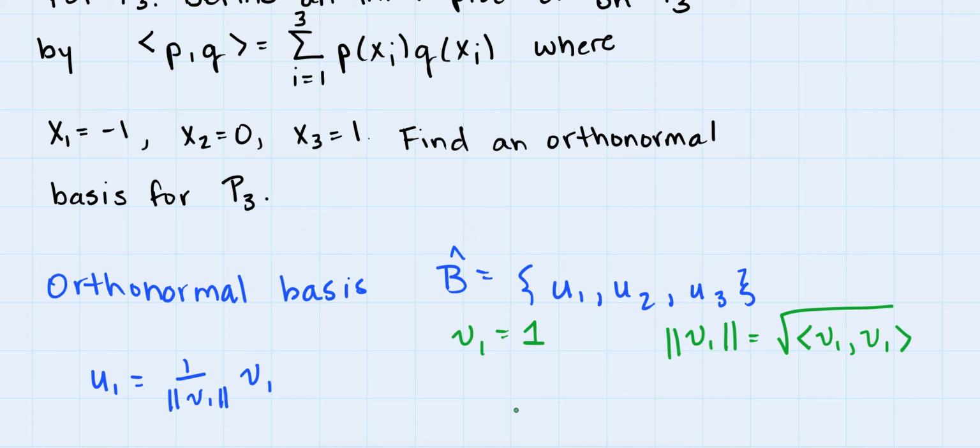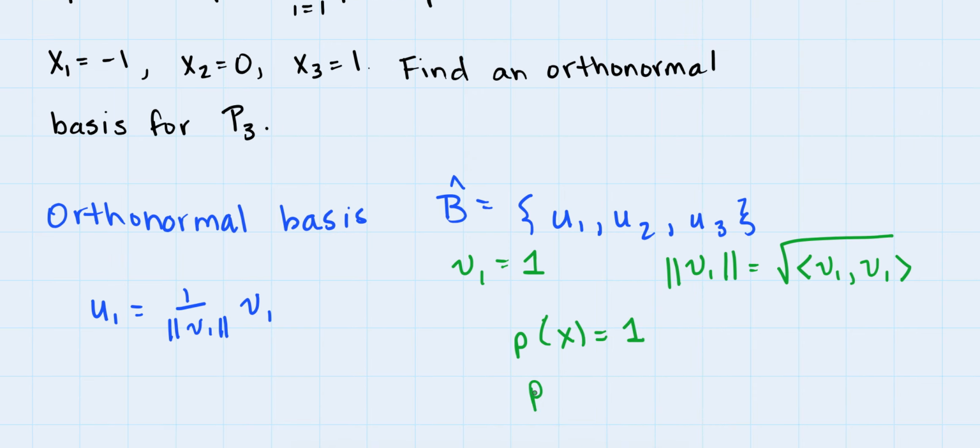So if p of x is equal to 1, then p of -1 is equal to 1, p of 0 is equal to 1, and p of 1 is equal to 1, because it's just the constant polynomial 1. Okay?